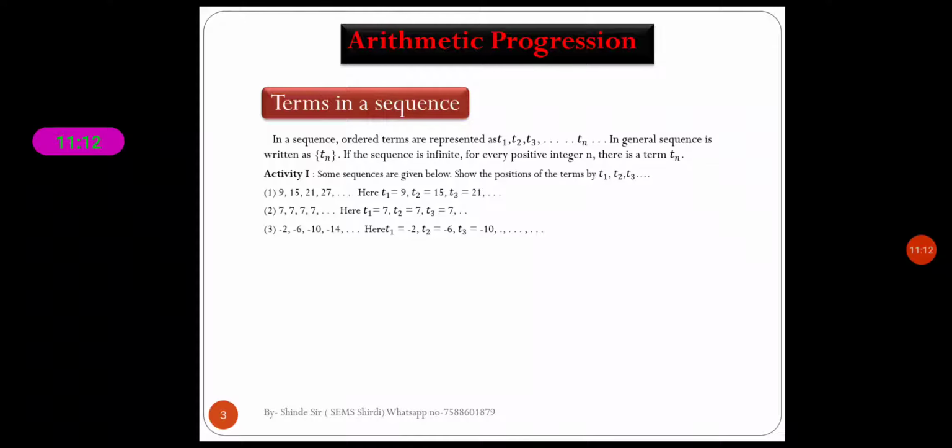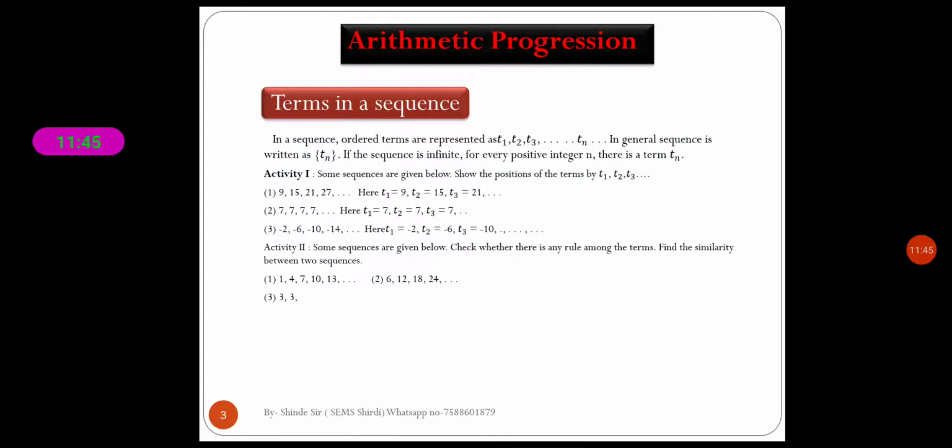Okay, now we see the second activity. In that second activity, some sequences are given below. Check whether there is any rule among the terms. Find the similarity between the sequences. Here the first example: 1, 4, 7, 10, 13, and the second example is 6, 12, 18, 24.